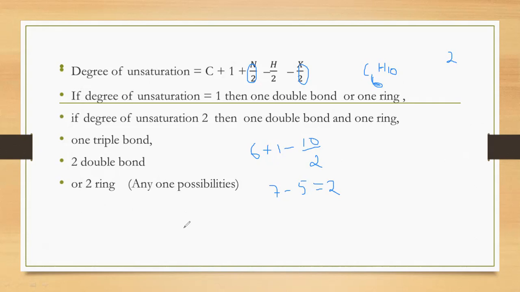I repeat again, if the degree of unsaturation is 2, the possibilities are 1 double bond and 1 ring, so 1 plus 1 is 2. Or 1 triple bond, because in a triple bond there are 2 pi bonds. Or 2 double bonds, where each double bond has 1 pi bond, so 1 into 2 is 2. Or it may be 2 rings also.